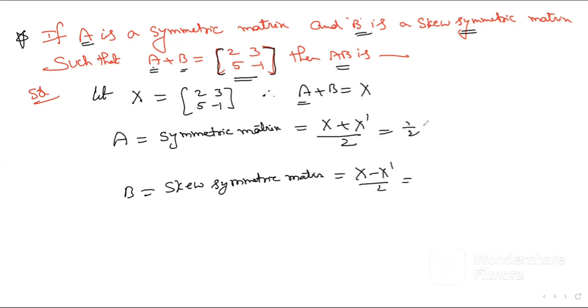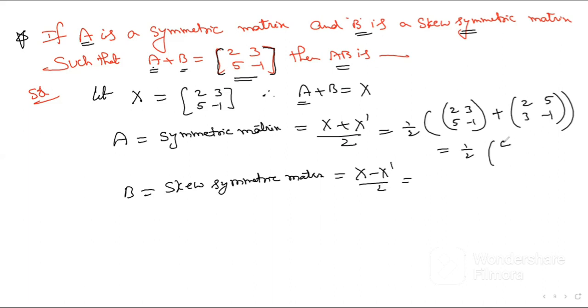So A is 1 by 2 times of (X plus X dash). X is [2, 3; 5, -1] plus its transpose [2, 5; 3, -1]. What we get here is 1 by 2 times of the sum of these two matrices, [4, 8; 8, -2]. It becomes [2, 4; 4, -1].